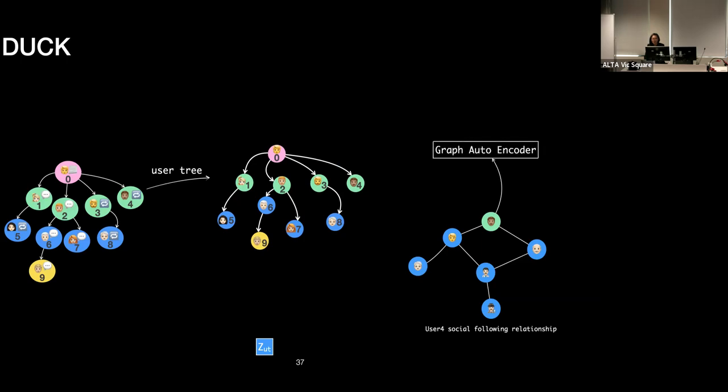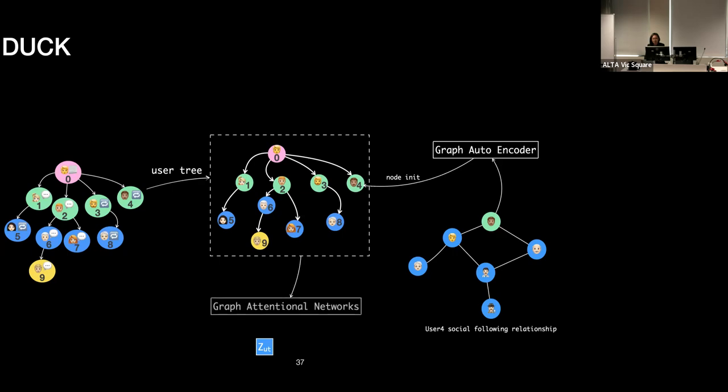We use an unsupervised graph autoencoder to encode the user social relationships. Then we use that to initialize the node, combined with the user features. And then we still use a graph attention network to gather representations from our user tree.